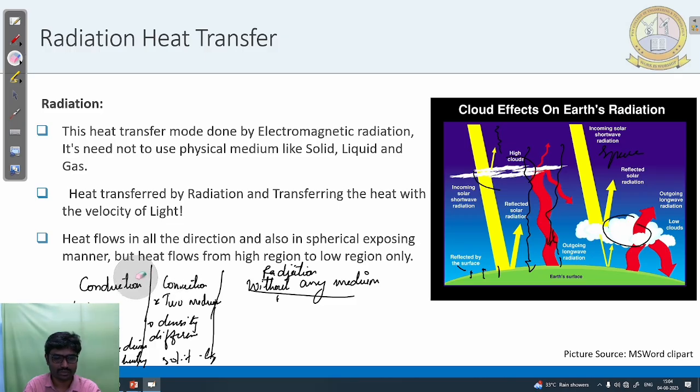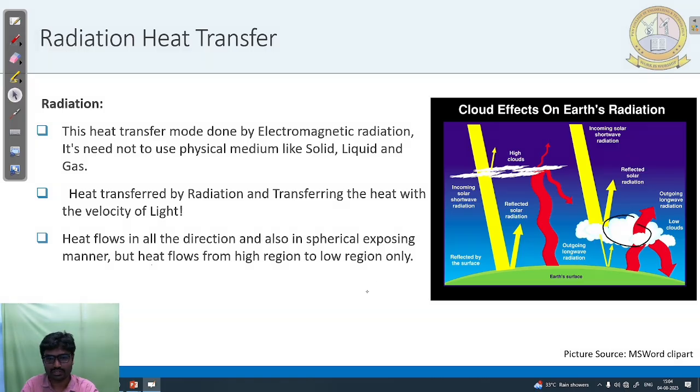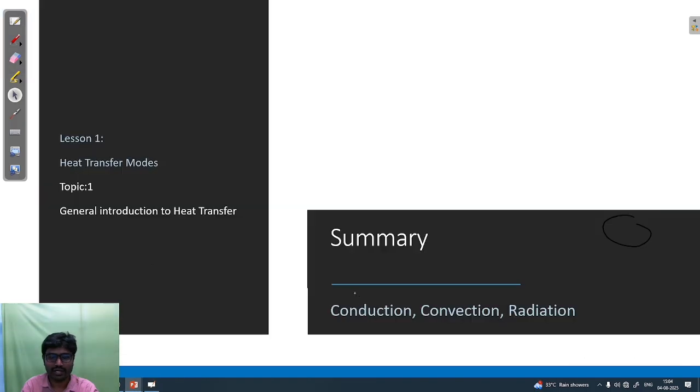I hope you have understood the three modes of heat transfer. Very important: if we know all three modes, we can easily apply these concepts in all the applications we use in everyday life, mainly industries such as power plants and solar, wherever heat is available, for finding performance.